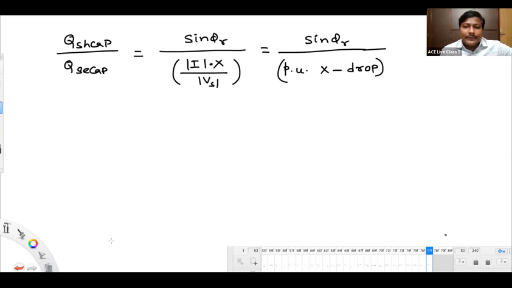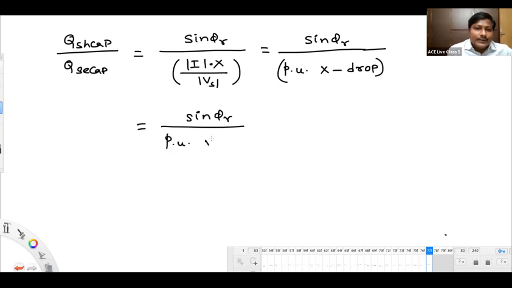Can I say this per unit reactance drop is approximately the per unit voltage regulation? Yes. So I can say this is approximately sin phi r by the per unit voltage regulation.